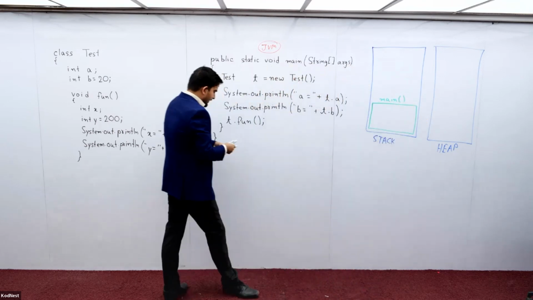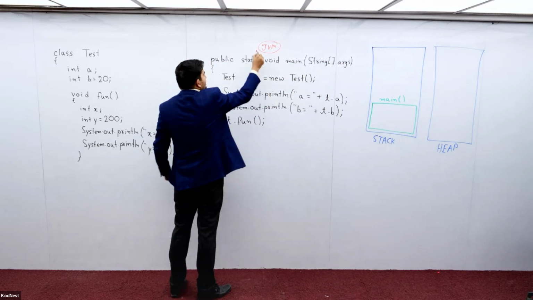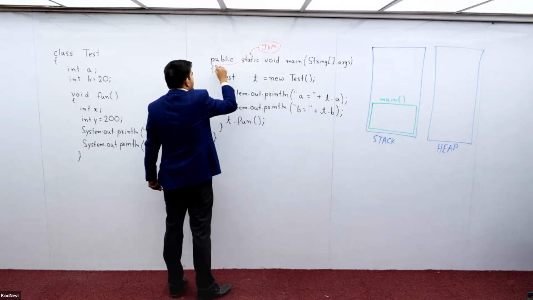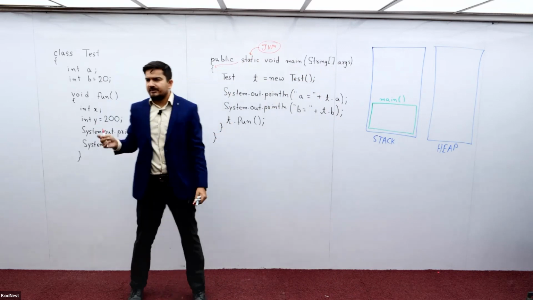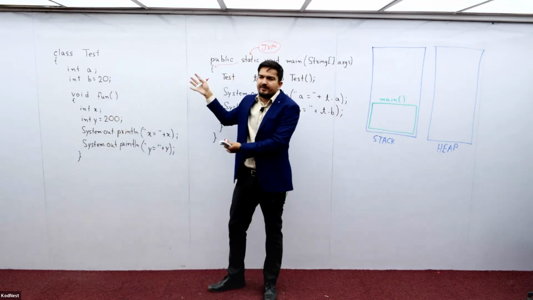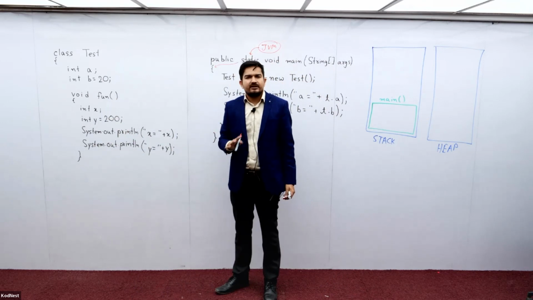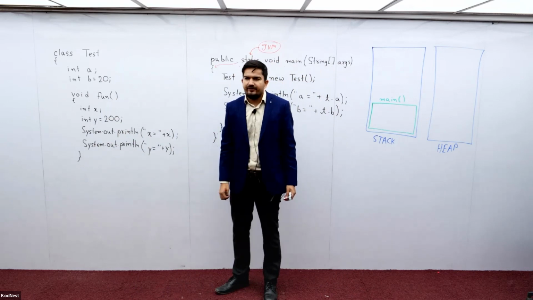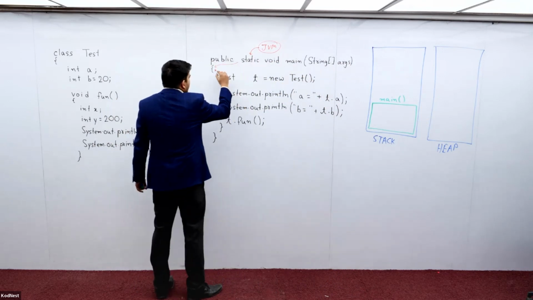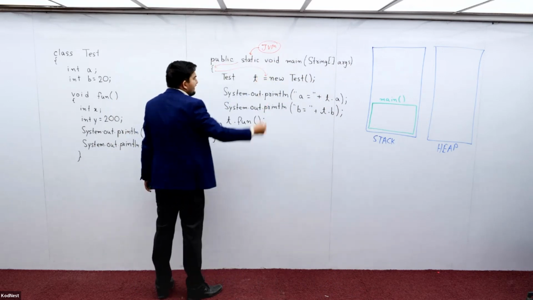Control is going to enter the main method. Again, it does not matter whether we are writing something above the main method or after the main method. As of now, we know the program will start from the main method itself. The very first statement has an equal to symbol.